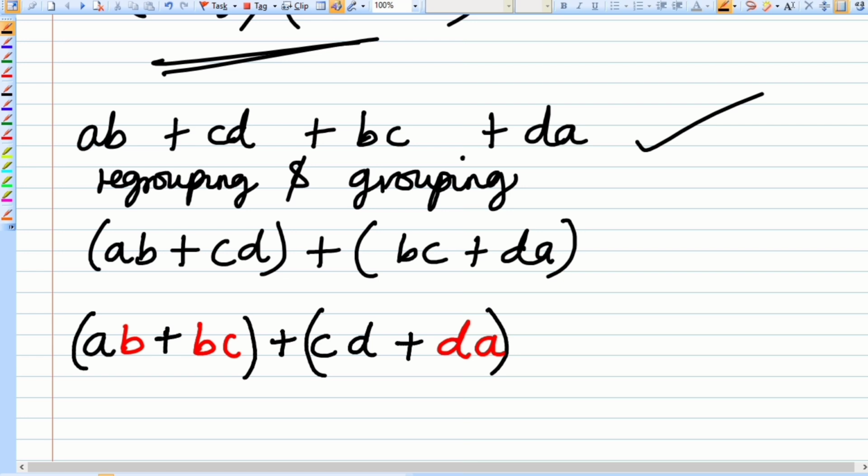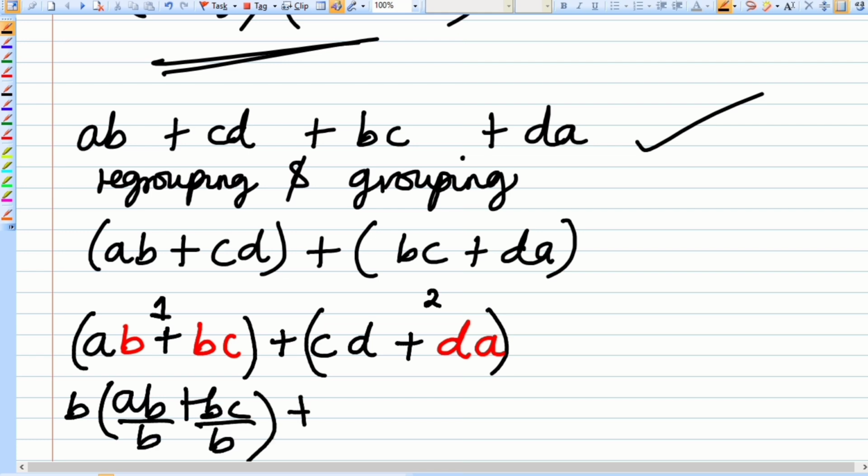Grouping this now, on the first bracket, second bracket, we can now factorize. You see that the common factor here is B, right? So we have B here and B here. So we just have B into (AB plus BC), divided by B, just as we've been doing. Plus, the common factor here is what?